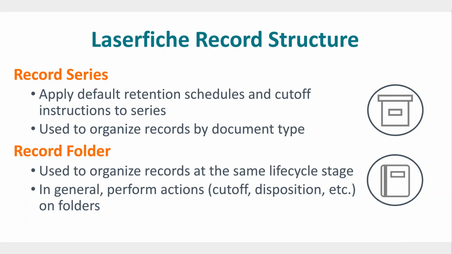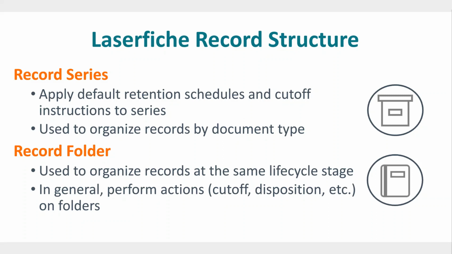And the record series, at the point right above the documents they're storing, will have a default retention schedule and cutoff instructions. So anything that's filed underneath a record series will by default inherit those properties automatically just by being placed in the correct record series. These are great when you'd like to organize your records by type, or if you're able to organize the records in your repository by their retention.